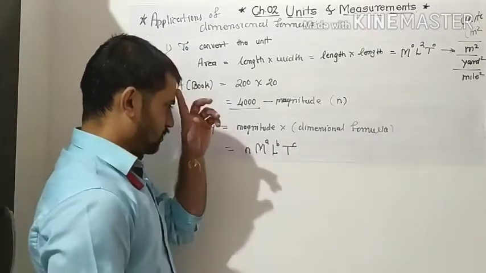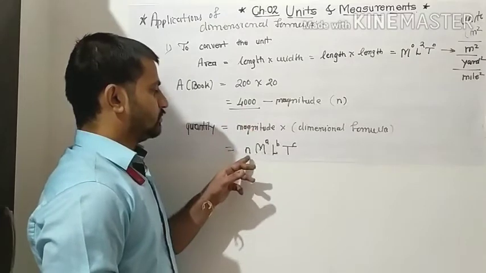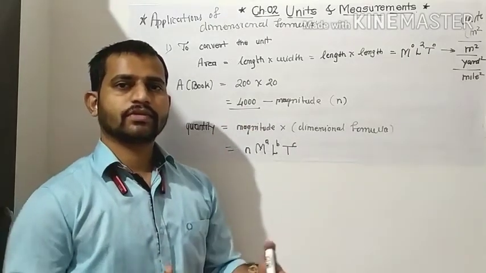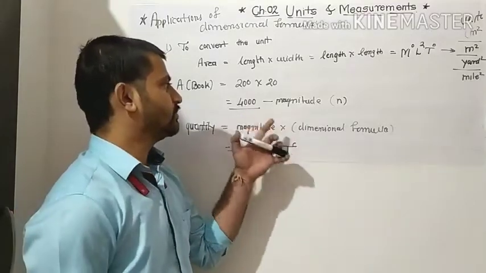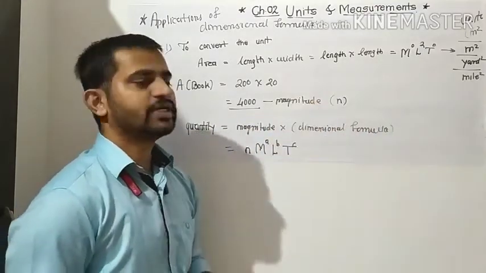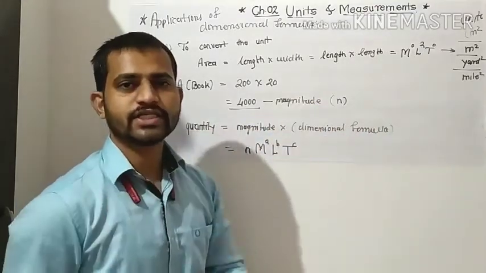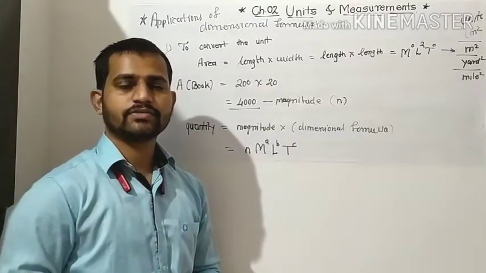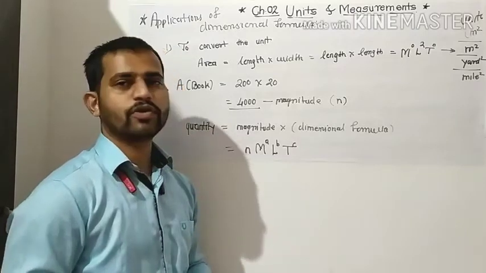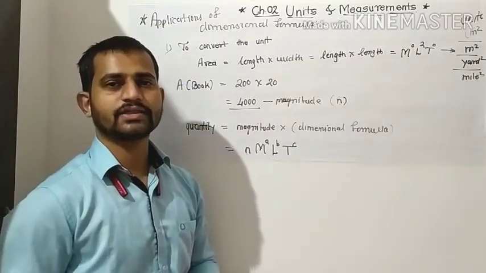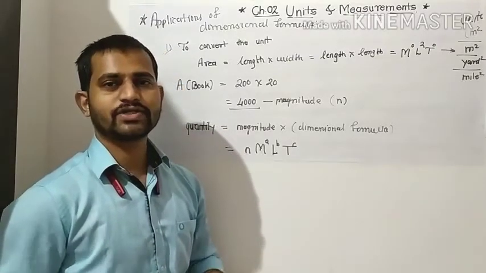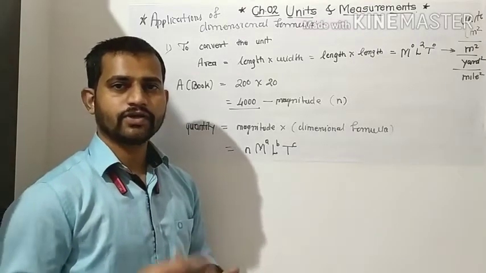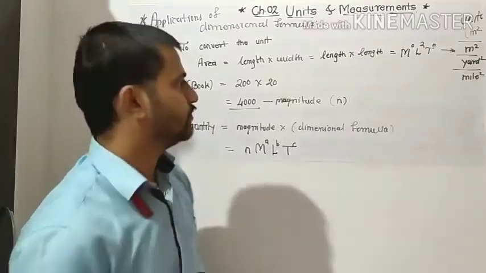Now if we have to change the unit of this quantity, suppose the unit is meter square, and we have to change it into another unit, in terms of CGS, then we have to go for centimeter square. Then how can we convert this unit by using the dimensional formula? Let us see how we can convert this unit.